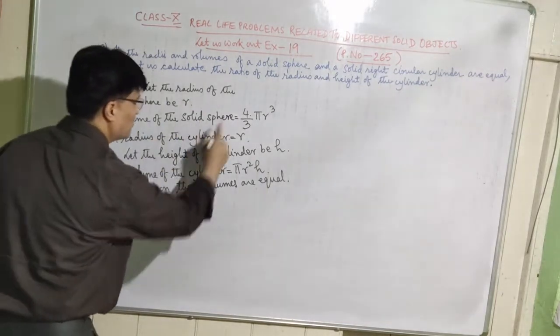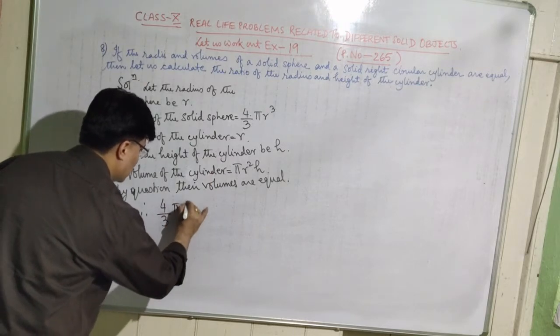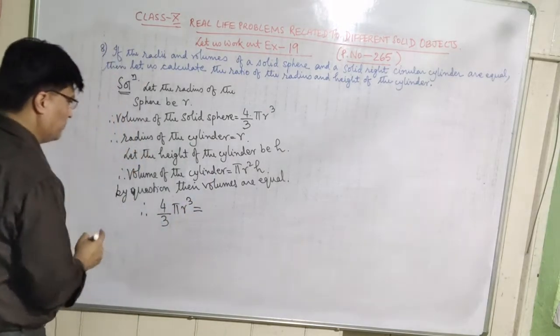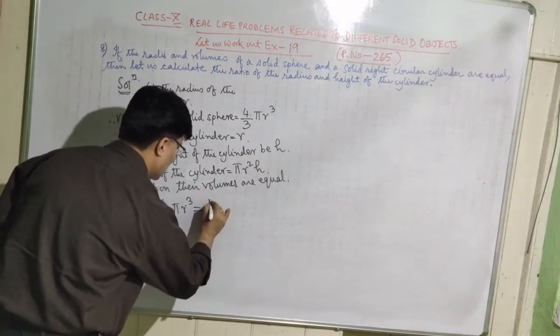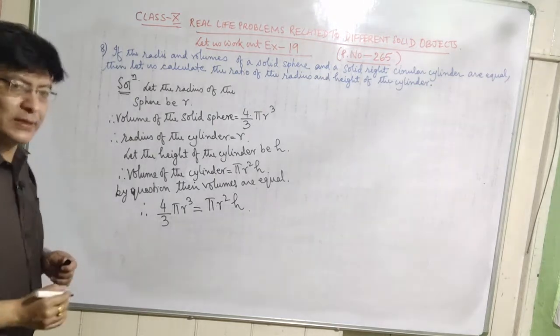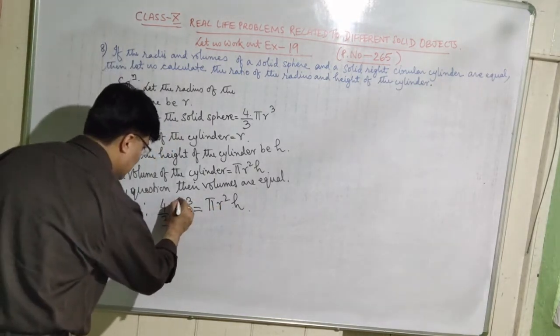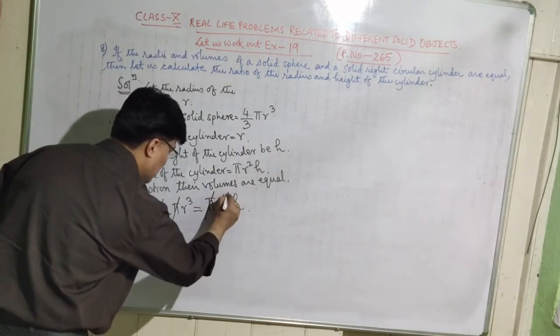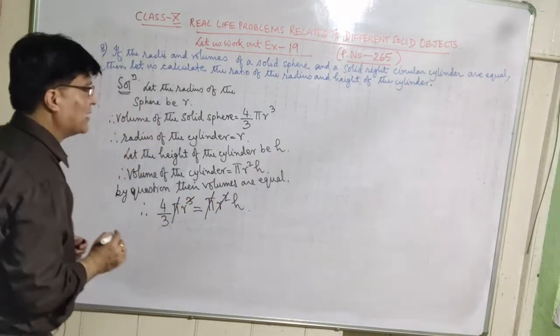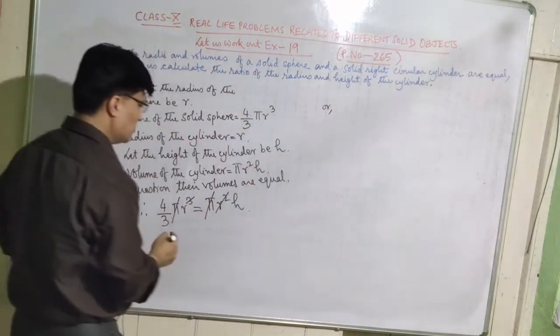Therefore, volume of the solid sphere, that is 4/3 pi r cube, is equal to, what is the volume of the cylinder? It is pi r square h. Is that understood now? So from both the sides you can cancel. This pi gets cancelled and r square and cube will be cancelled. So what are the remaining terms now? Let us write down the remaining terms.